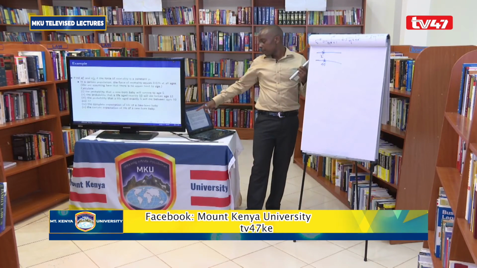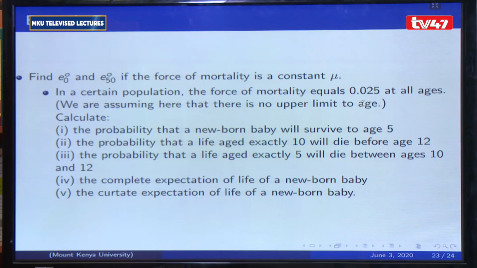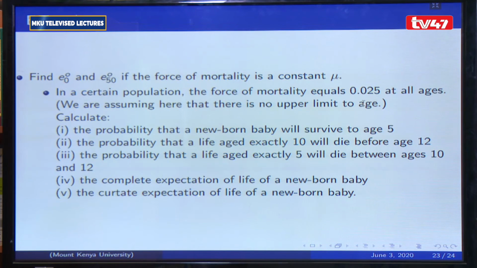So in our question, we want to find the complete expectation of life for life aged 0 and the complete expectation of life for life aged 50 if the force of mortality is constant.